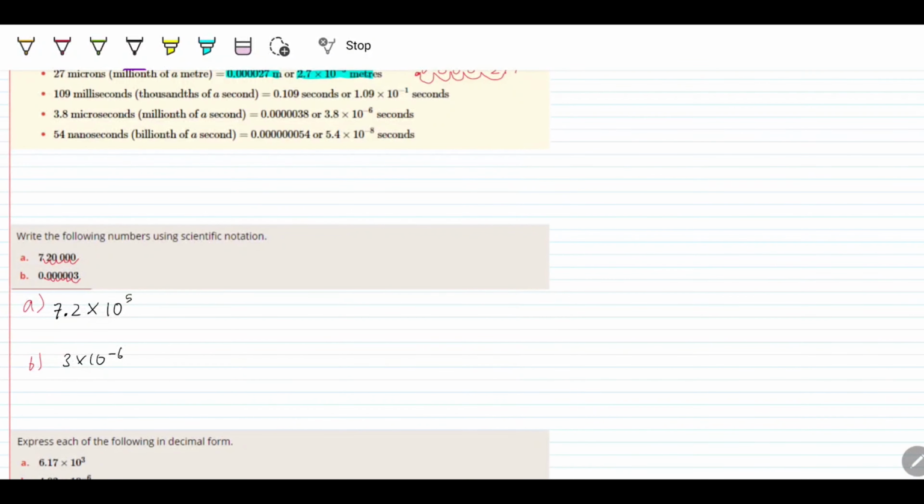Let's try the next one. Express each of the following in decimal form. For A, we have 6.17 times 10 to the power of 3. We need to move our decimal point across 3 times: 1, 2, 3. So there should be a 0 there, and our answer should be 6,170. In example B, we have 4.02 times 10 to the negative 6.